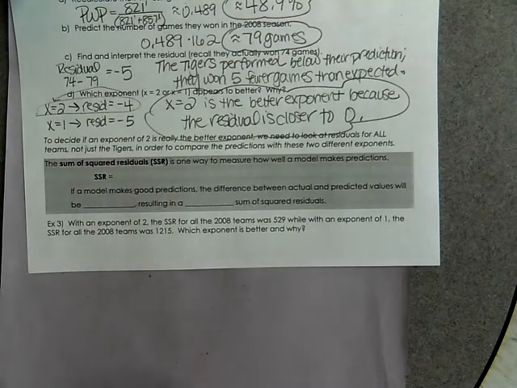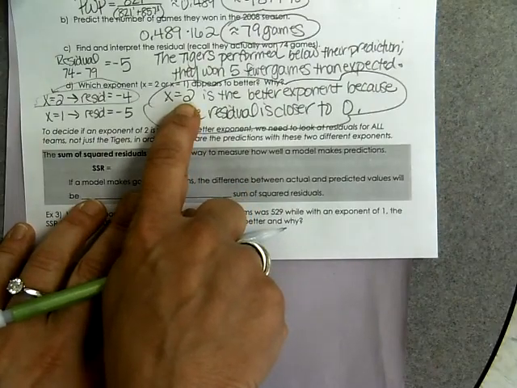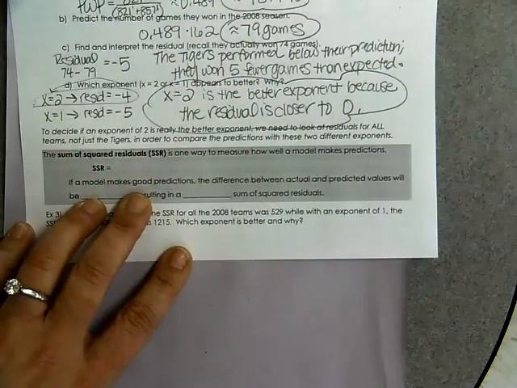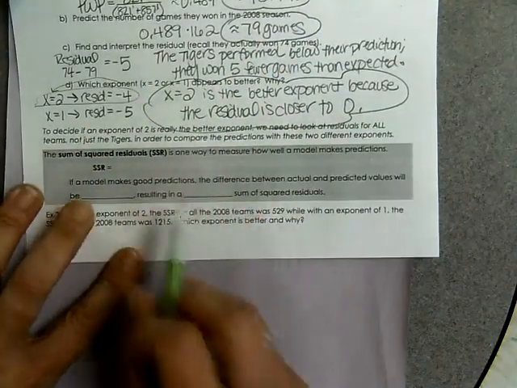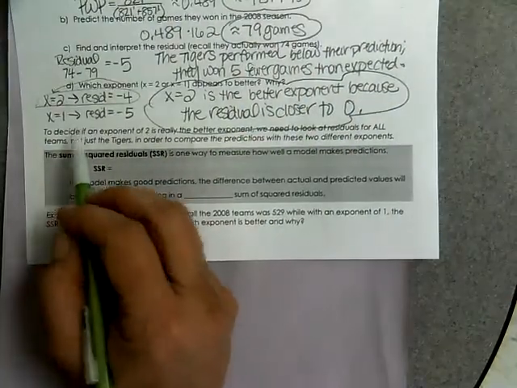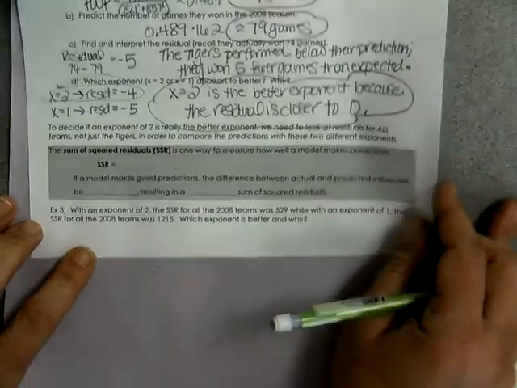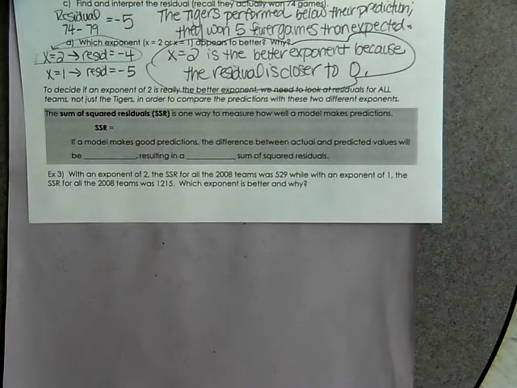Okay? And you could choose lots of different exponents also. You could try 2.1, 2.2, 1.8, whatever, but just for our purposes for comparison, we just use the whole numbers. Okay? Now, the thing is that we just looked at the Tigers. To decide if an exponent of 2 is really the better exponent, we have to look at the residuals for all teams, not just the Tigers, to compare the predictions with these two different exponents.